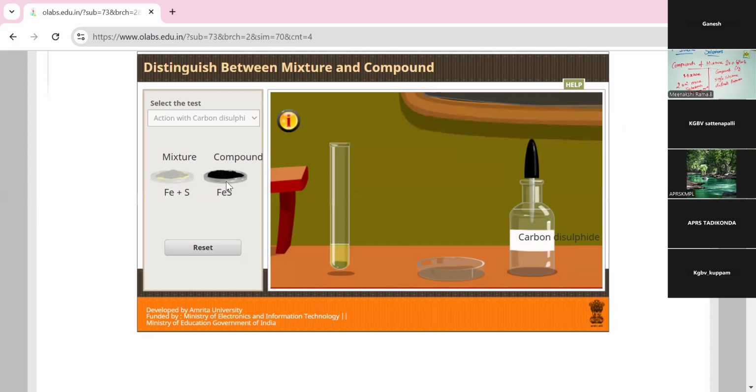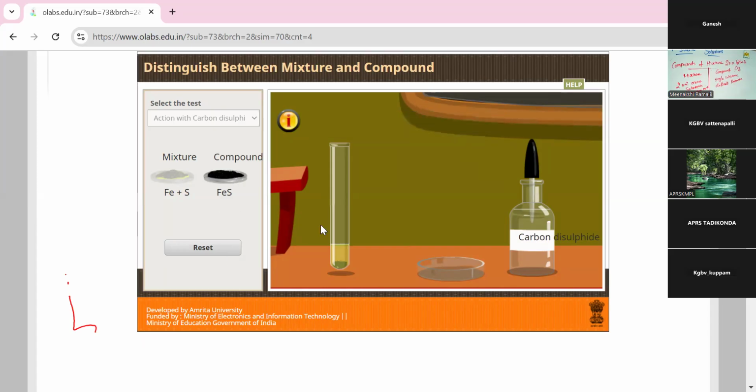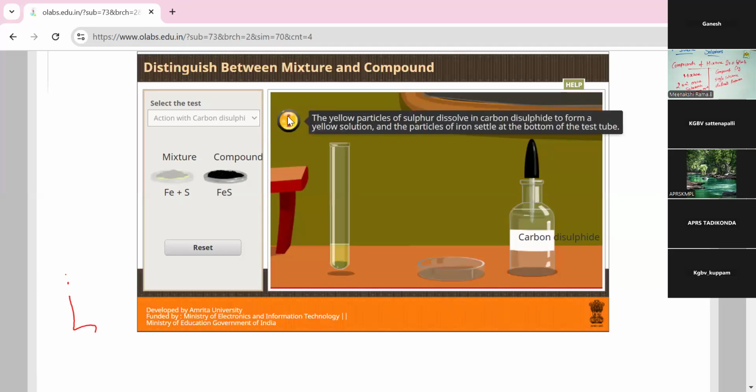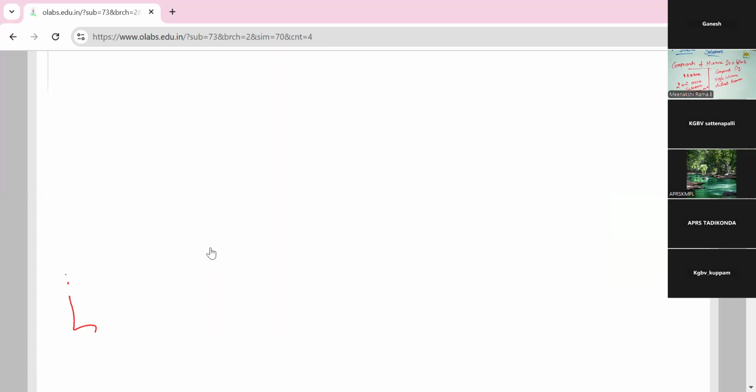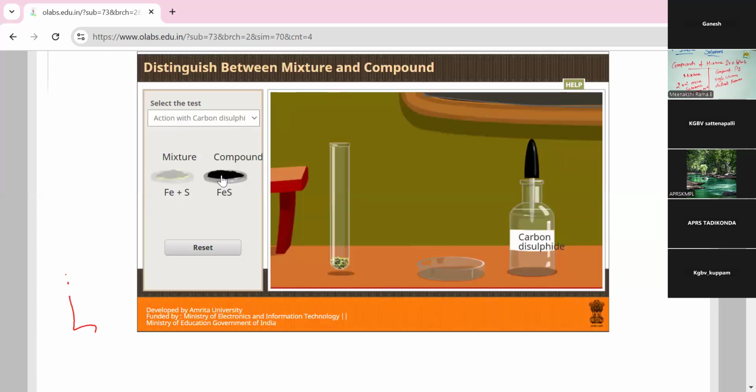In the compound, okay. Next one, I am choosing the compound. Carbon disulfide, I am choosing that.